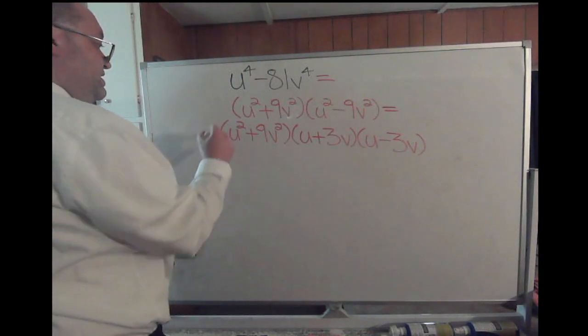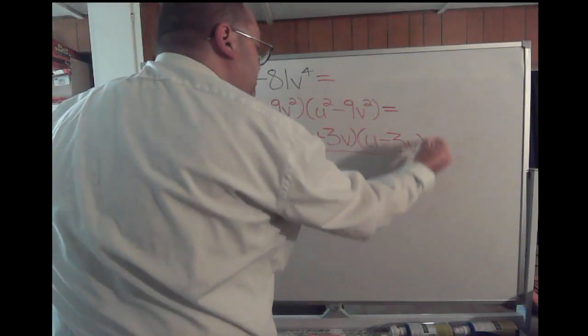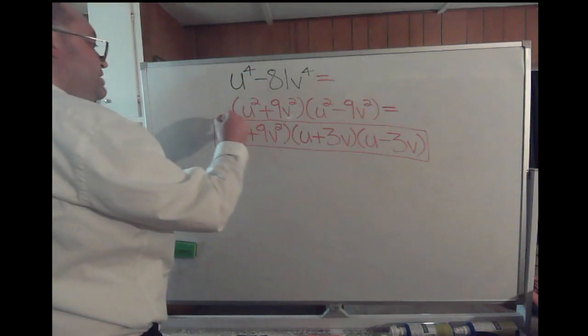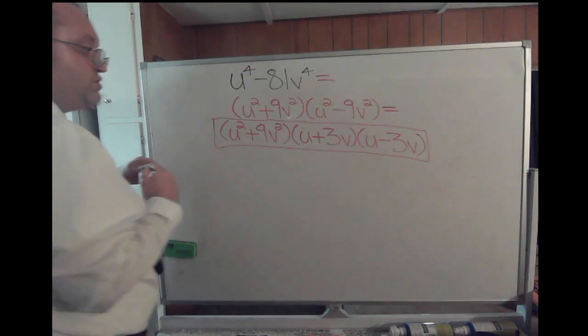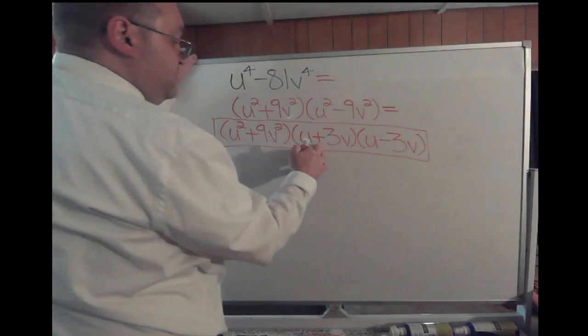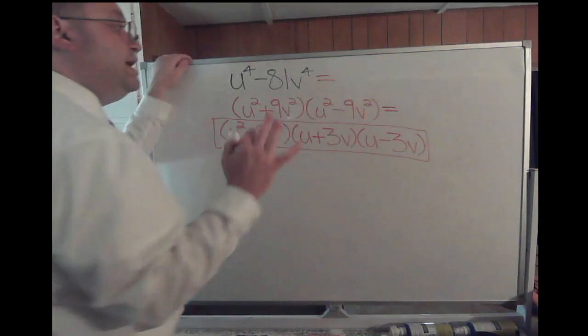So the factorization you should get for this problem would be u to the second plus 9v squared, that quantity, times u plus 3v, times the quantity of u minus 3v.